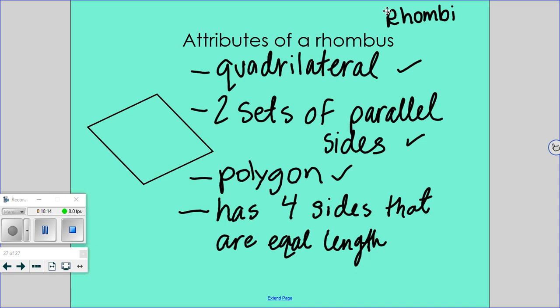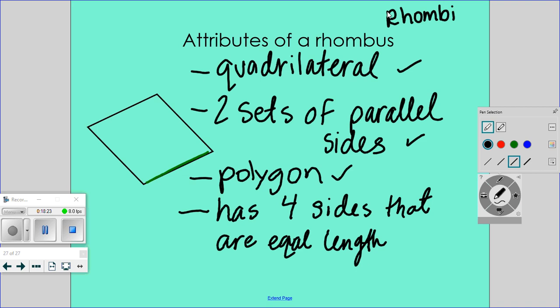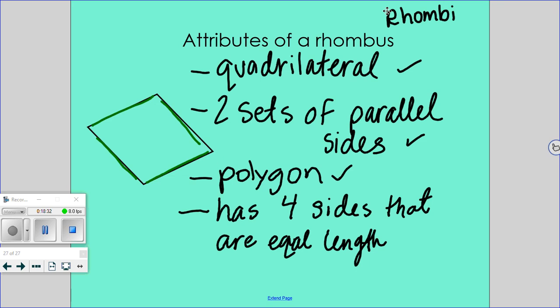Yeah. My parallel sides are still there. I thought like whenever it was like that, there was this side and this side.